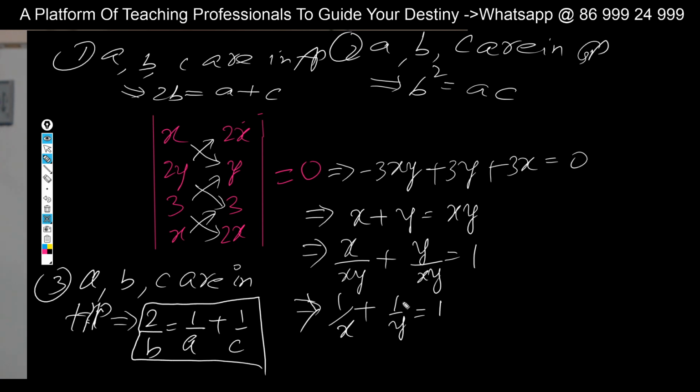In that case, if you compare this with this one, you can write 1 by x plus 1 by y is equal to 2 by 2. So what do you have in place of B? This is B here.